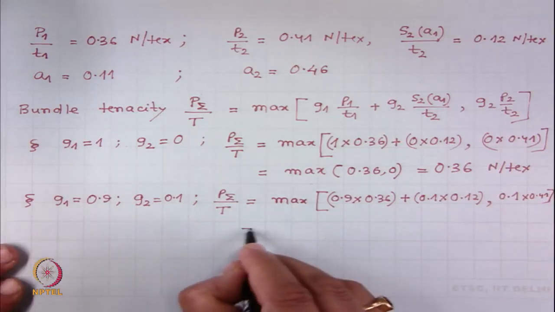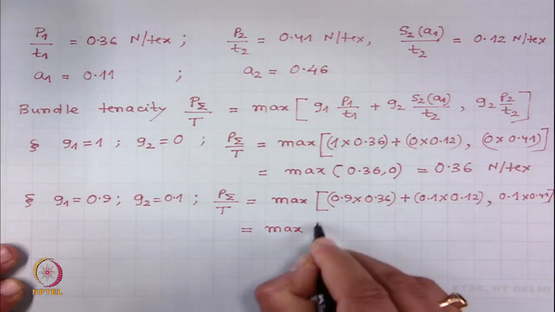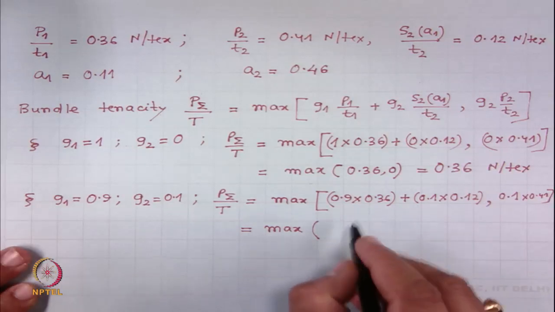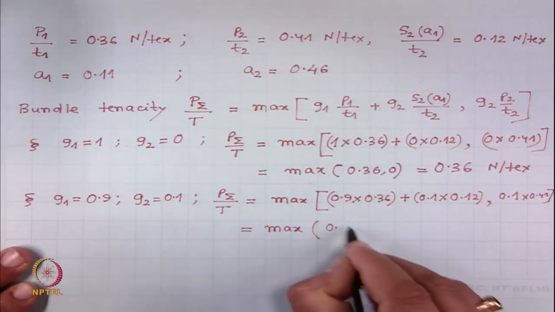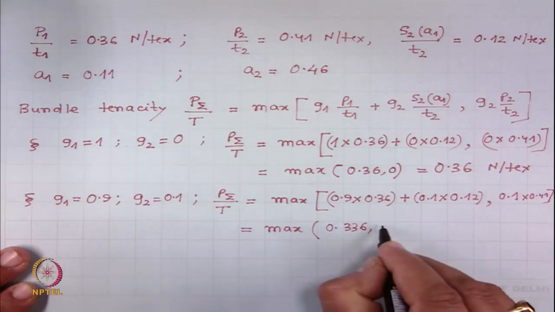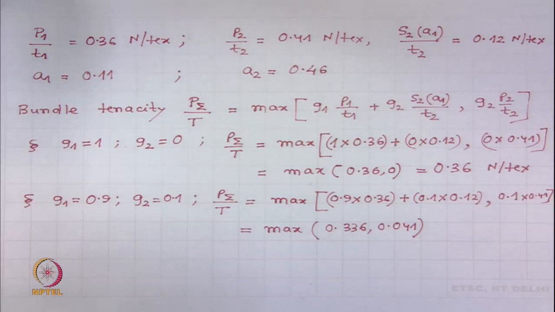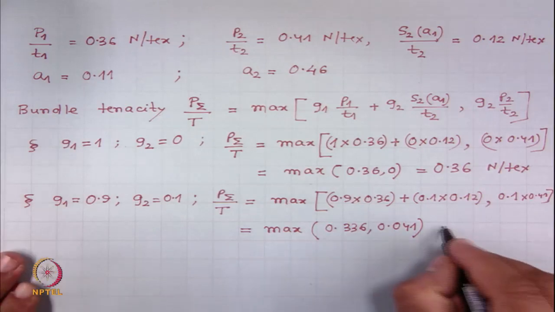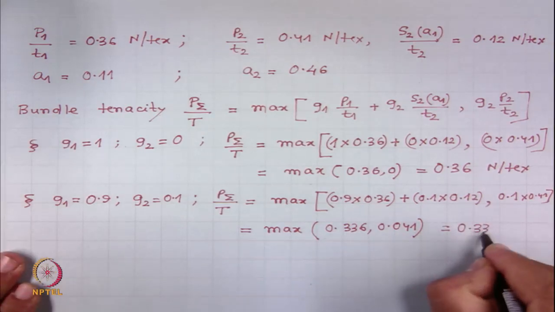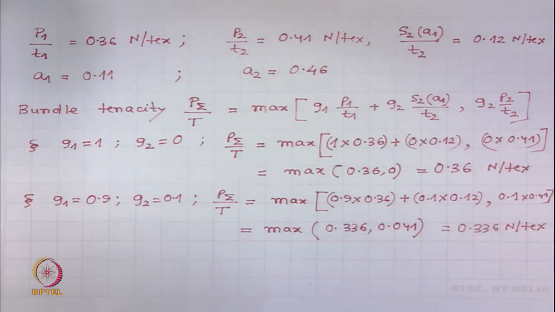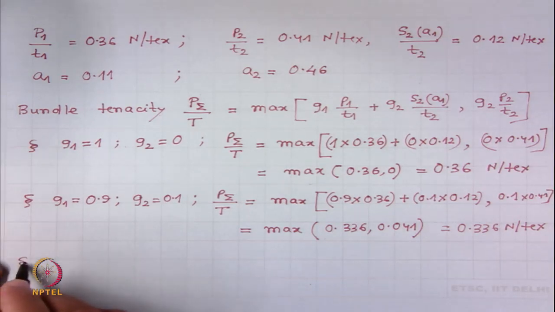What will be the maximum value? You will find that this equals 0.336 and 0.041. So, what is the maximum of these two? Of course, 0.336 Newton per tex. Then we proceed to the third.